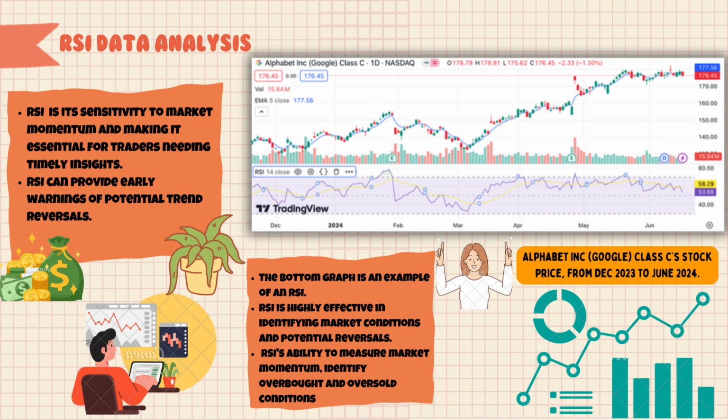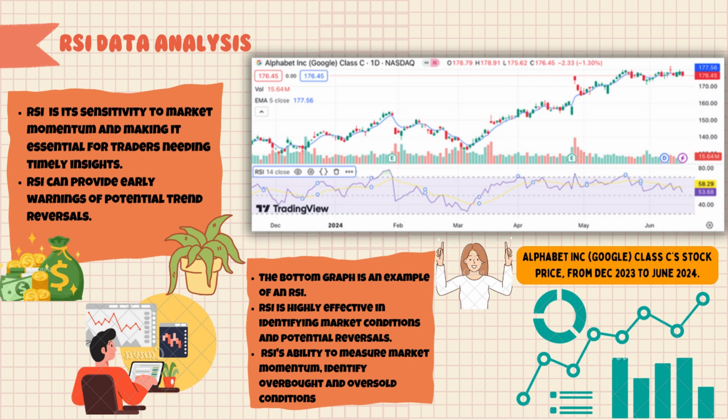So what does RSI really do? As I told you before, it's usually to help investors like us by providing warnings of potential trend reversals. So basically, this graph really helps us identify market conditions and potential reversals. It is able to measure market momentum and identify overbought and oversold conditions.